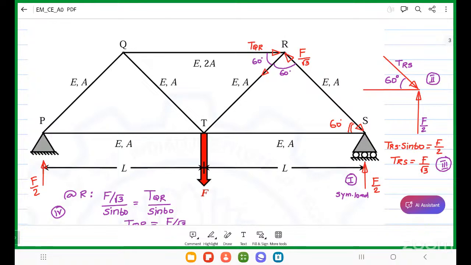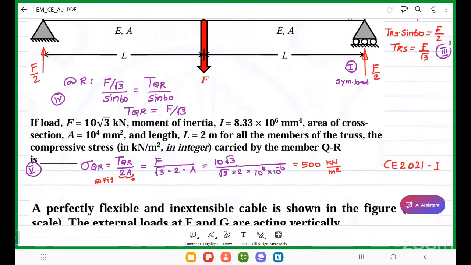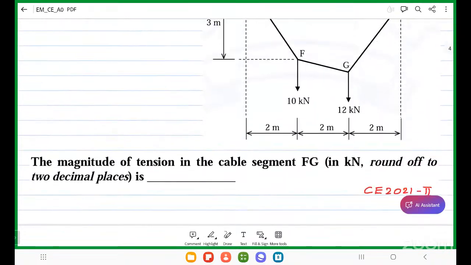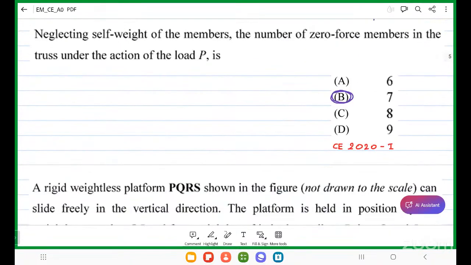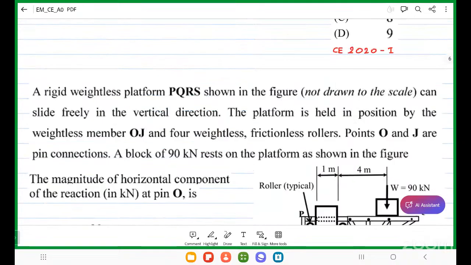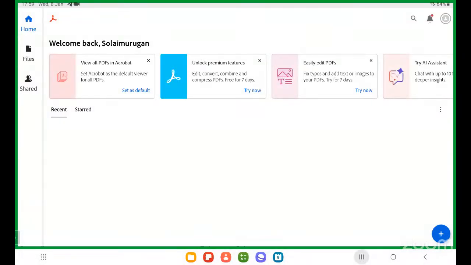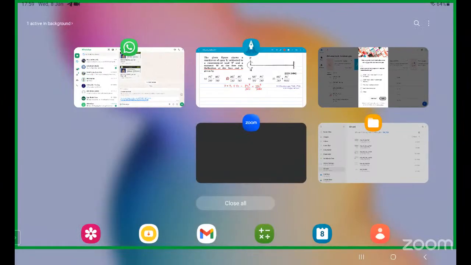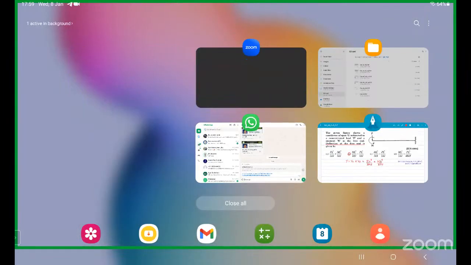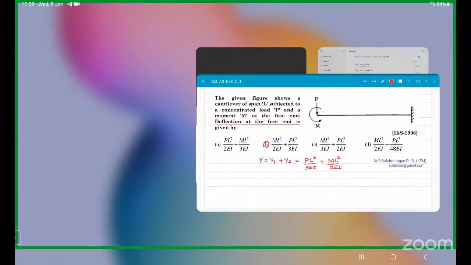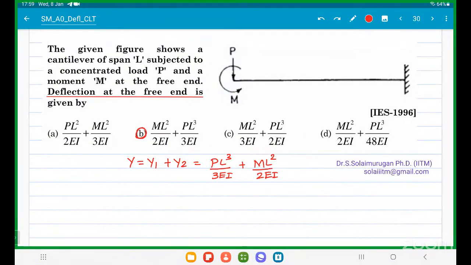Correct? So in this way, they may disturb. Already they started disturbing us. For one department it is started. It may be asked at any time for mechanical also. So be careful about this length.